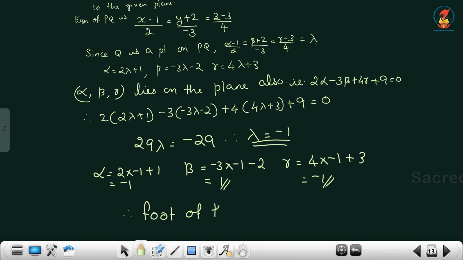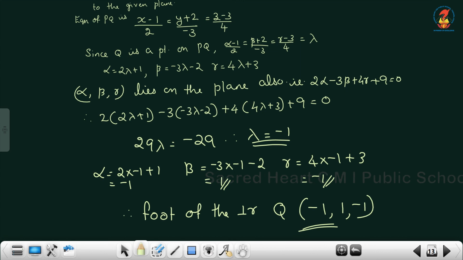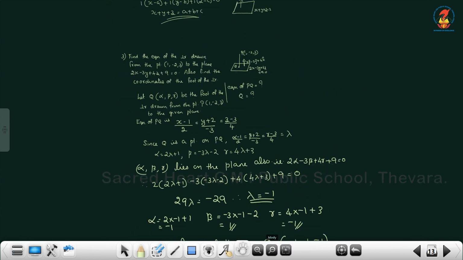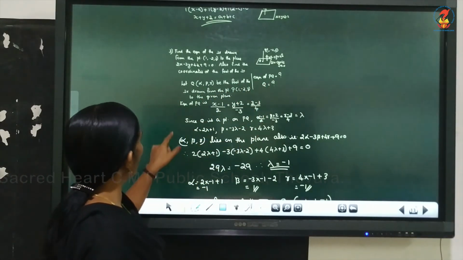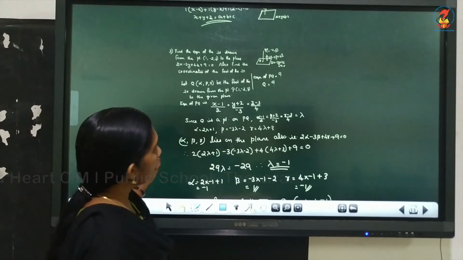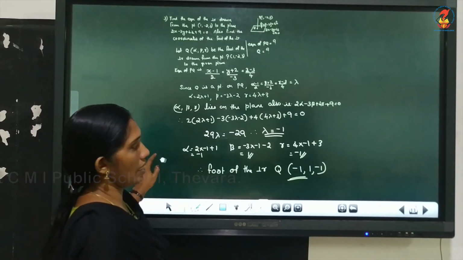The foot of the perpendicular is Q, that is minus 1, 1, minus 1. Okay. So that too we have to find. We have to find the equation of PQ and Q. The equation of PQ is already here. Then Q's coordinates are like this.